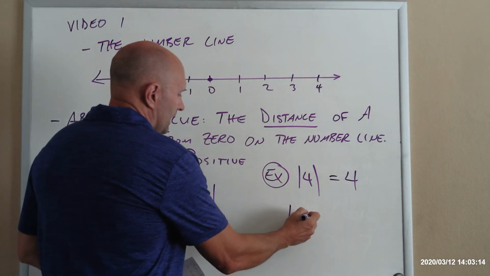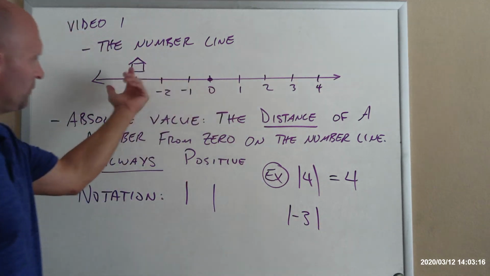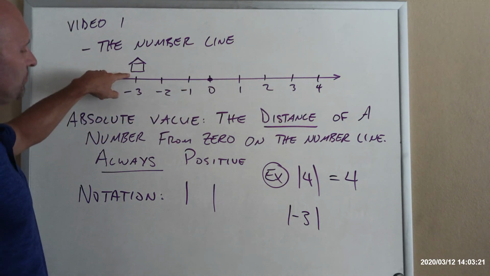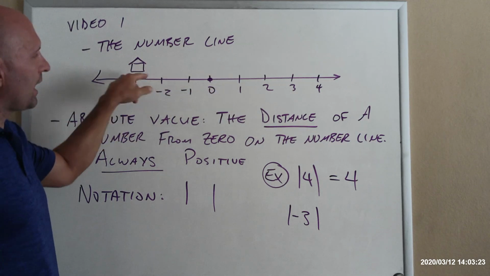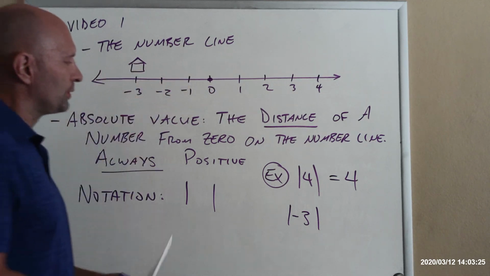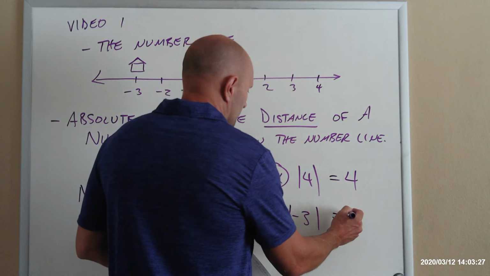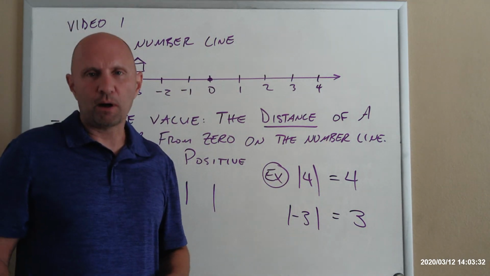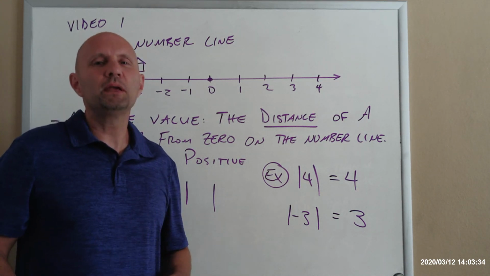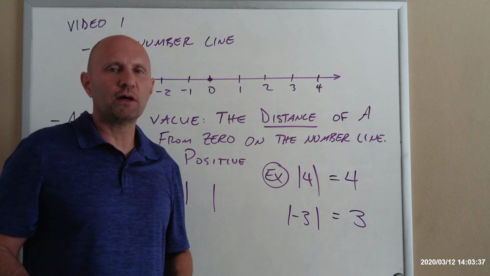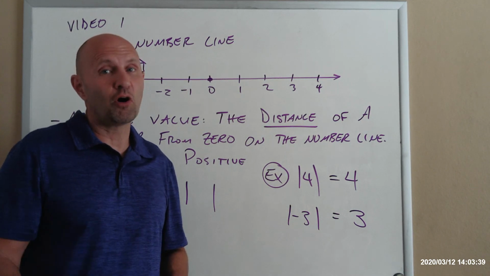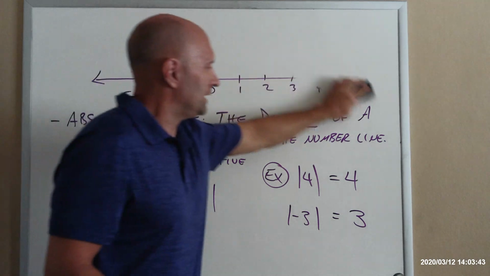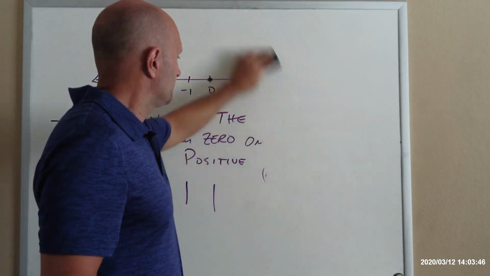What if I have the absolute value of negative 3? Using our friend's house example, if our friend lives down here at negative 3, how far from 0 is it? Well, it's 3 units. The negative is just telling me which direction, but the absolute value of negative 3 is a positive 3. So just be careful with that. When we're dealing with absolute value problems, make sure your answer is always positive. You can't tell me that the absolute value of a number is equal to negative something. It's not possible.